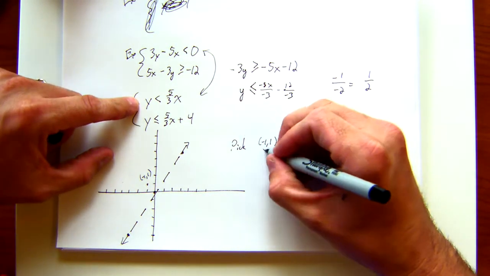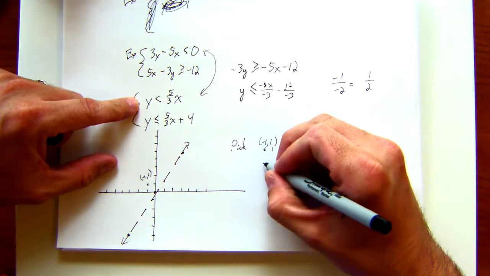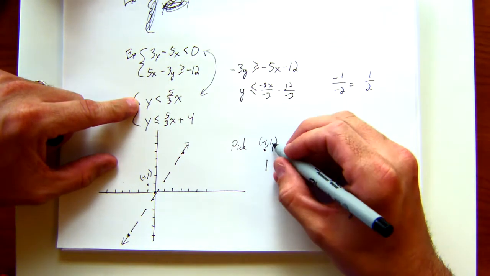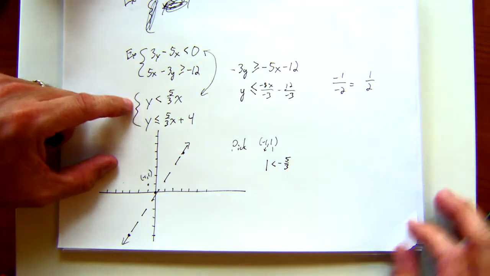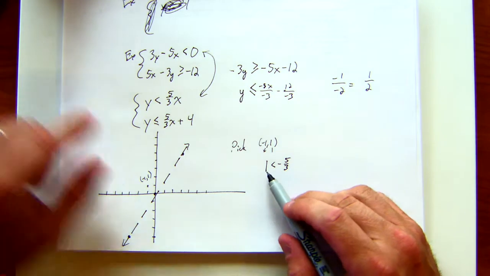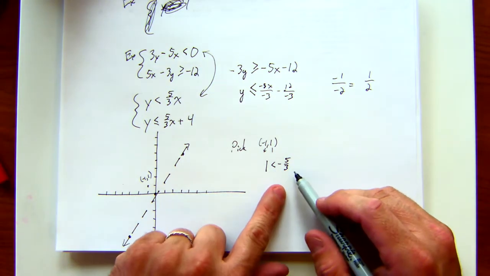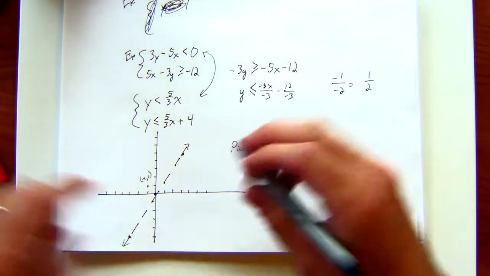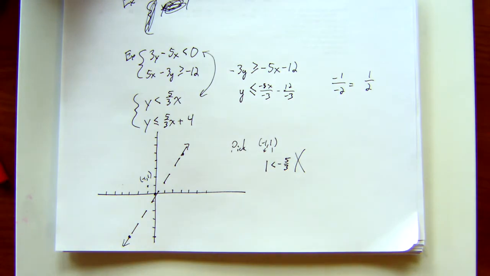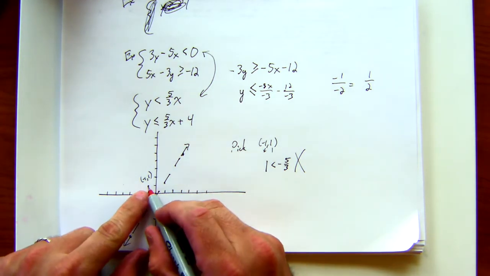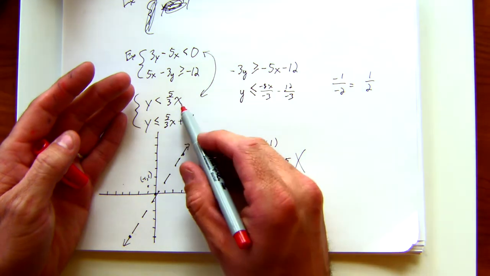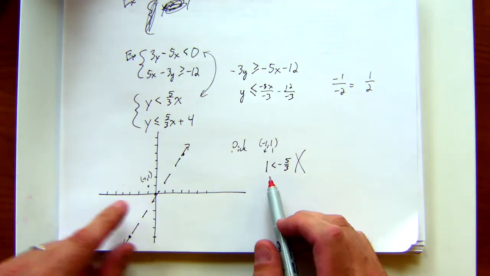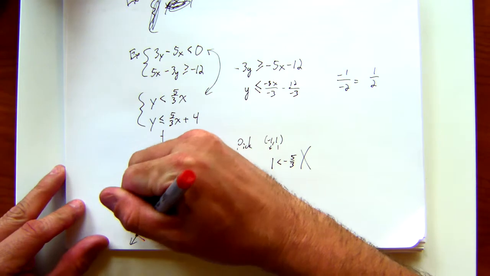My x is negative 1, my y is 1. Is my y less than negative 5/3? Is 1 smaller than a negative number? No. So what side do I shade? Well, I picked the left-hand side of this line, and it failed the test when I plugged it in. So it's everything to the right. So it's all this.